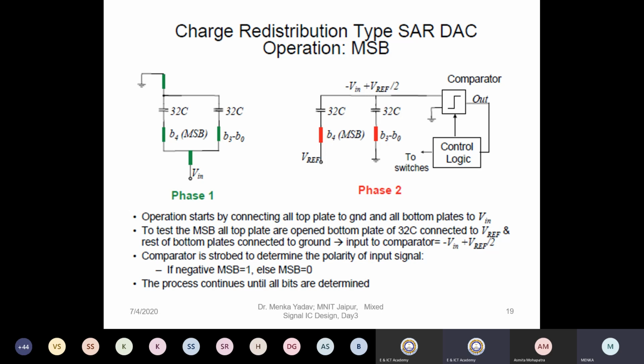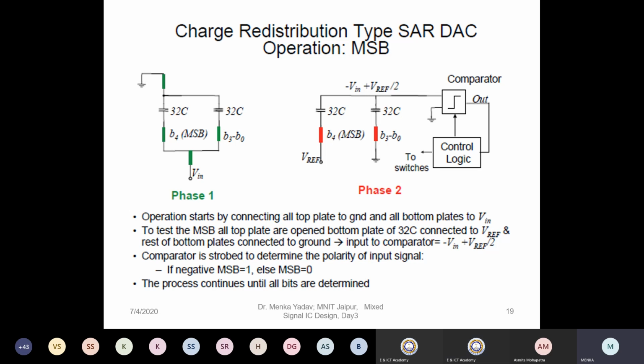If you want to calculate it, I am just typing in the chat box: if corresponding to 32C your MSB is equal to 1, then you will see 32C in parallel with 16C, and now you are left with another 16C, which is kind of the load, connected to the input, fine.